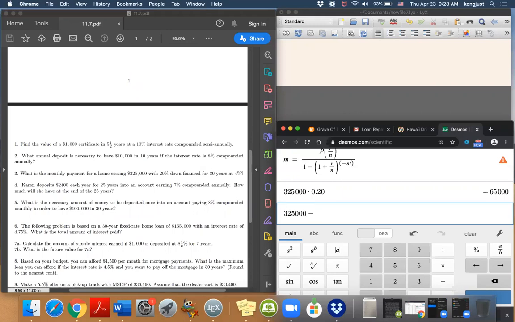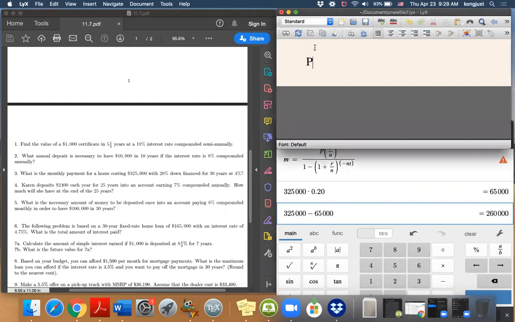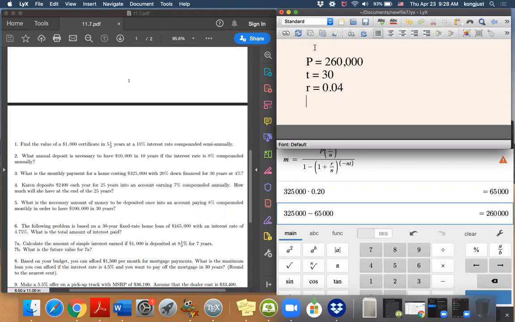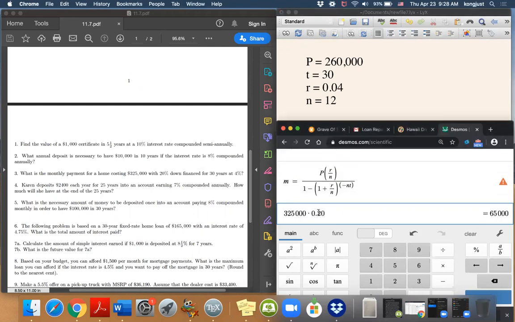So 325,000 minus 65,000 gives you 260,000. Right, so let's make a note of our variables. P is 260,000. Financed for 30 years, so T is 30 years. 4%, so R is 0.04. And it says monthly, so N is equal to 12. So I just fill in those things.